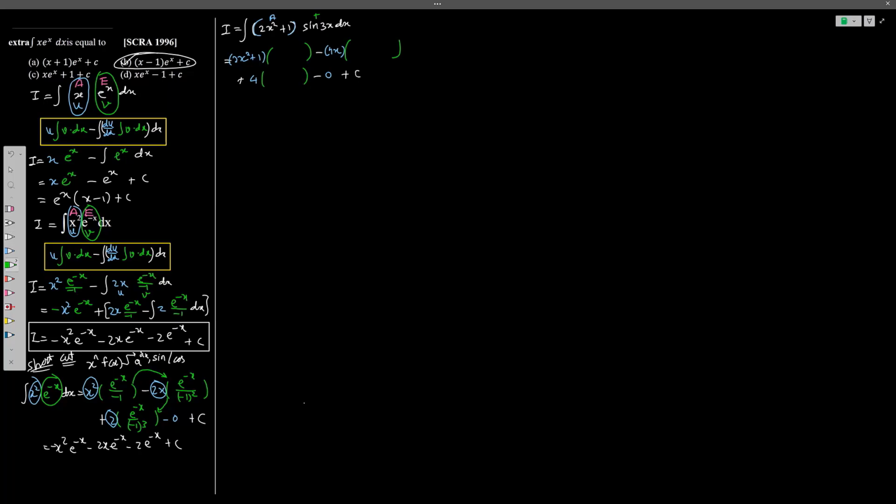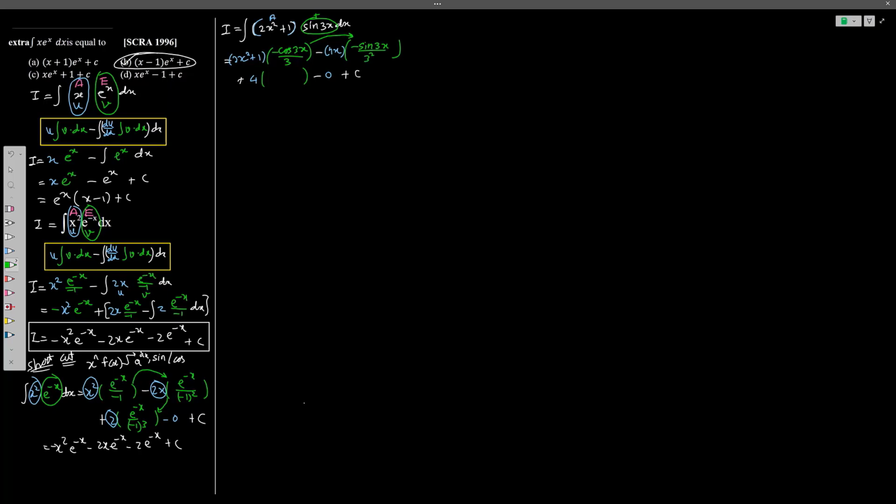Okay. Now hold sin 3x. Integration of sin 3x, minus cos 3x by 3. Now integrate minus cos 3x by 3: minus sin 3x by 3 square.